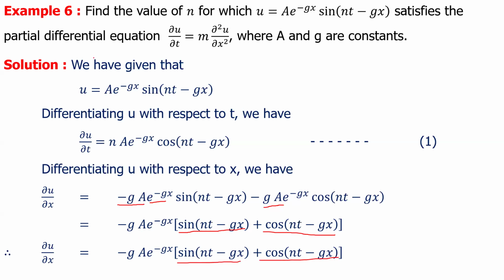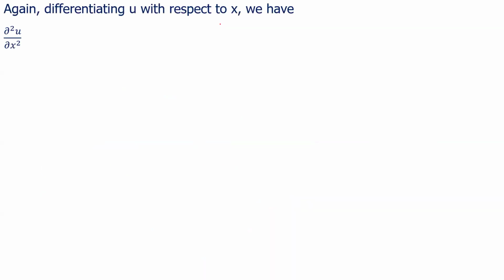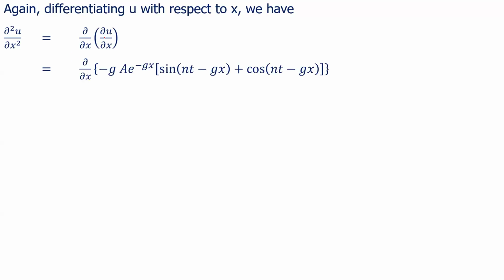Now let us find the second order partial derivative of u with respect to x square. Again differentiating with respect to x, del 2u del x square can be written as del x of del u del x. Del u del x is nothing but minus g a e to the power minus gx times [sin(nt minus gx) plus cos(nt minus gx)].